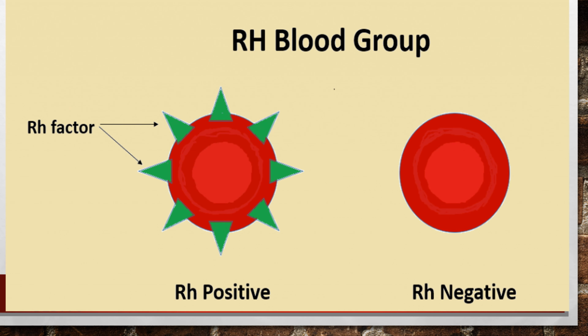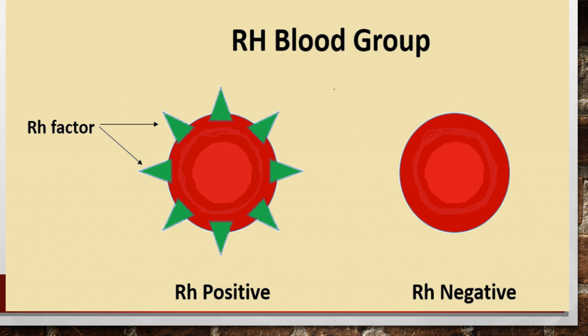If you see this table, RH blood group, the person who has the RH factor is RH positive, and the person who does not have the RH factor is RH negative. Now what is this RH factor? Let me make you understand. Another antigen called RH factor is found on the surface of RBC.